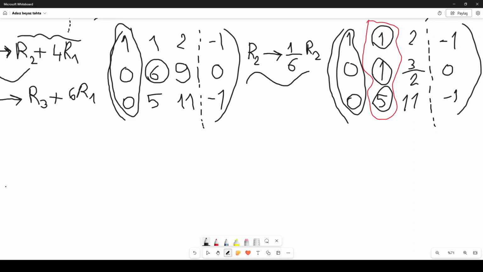Now I need to change row number 1 and row number 3 to eliminate the non-zero elements which are in the same column as the leading entry of the second row. So instead of R1, what should I do? R1 plus what?